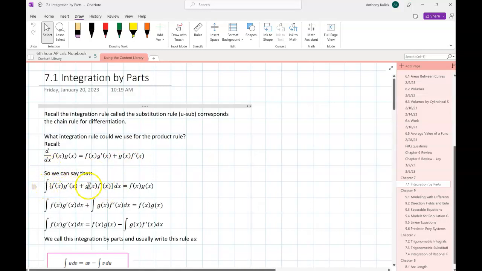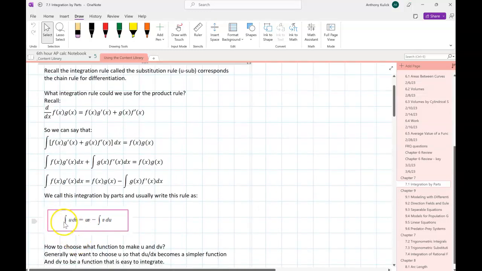And I know that the integral can distribute across the addition sign. So we have this. And then if I subtract the integral of g of x times the derivative of f to the other side, I have this. This is our definition for integration by parts. Usually we write f as u and g as v.